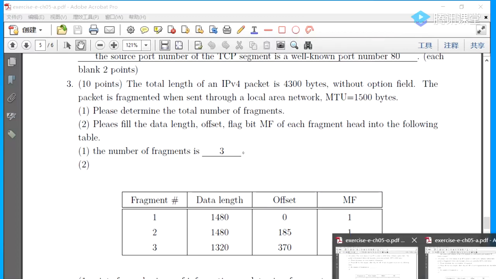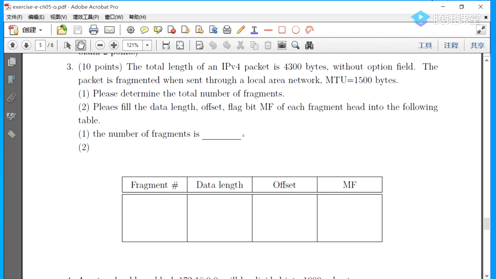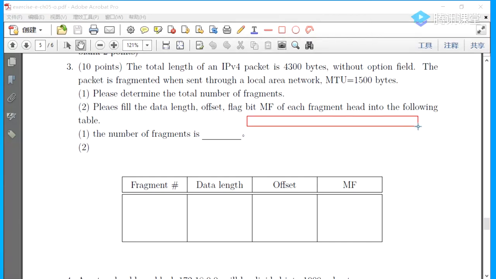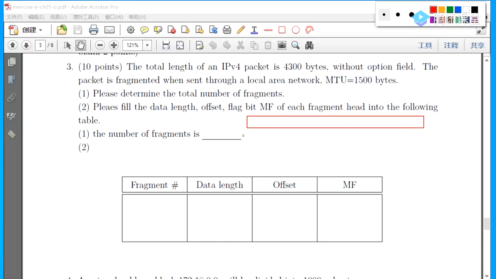Now I will illustrate. The total length of the IPv4 packet is 4,300. So this is the IP header.